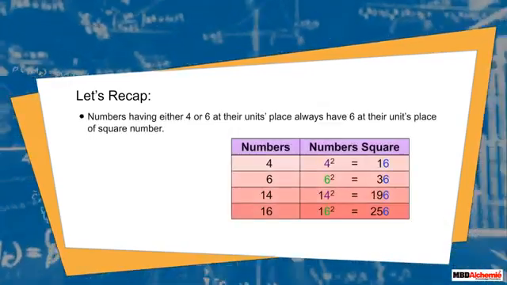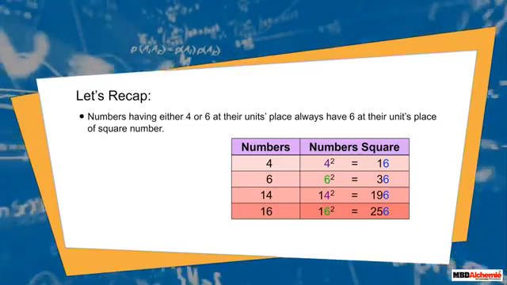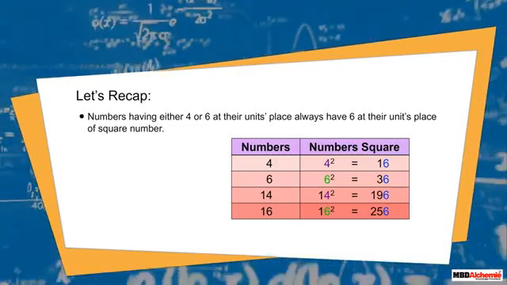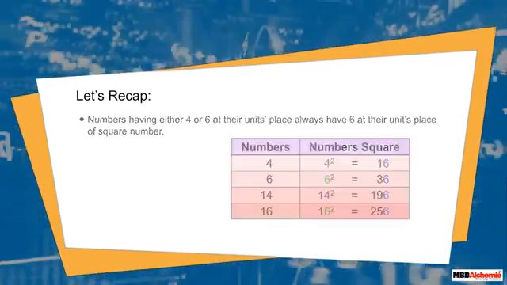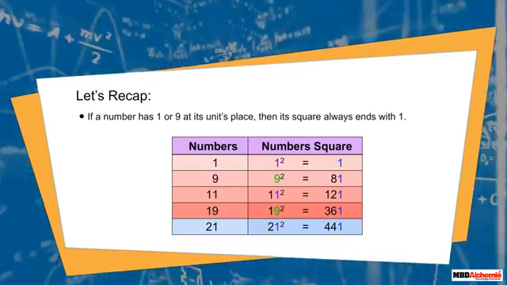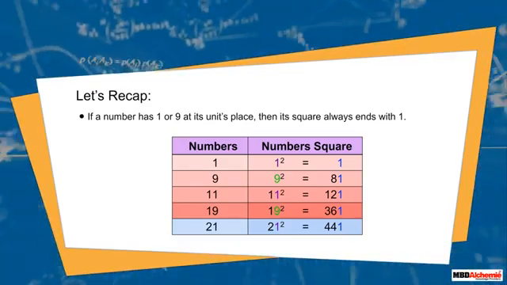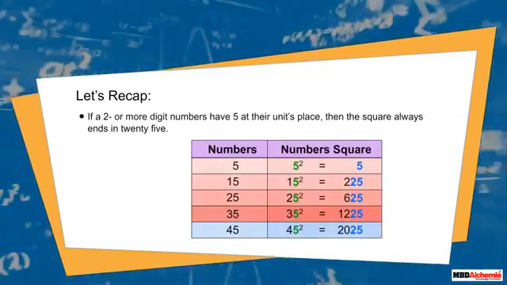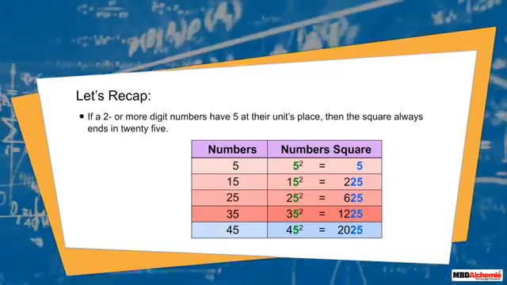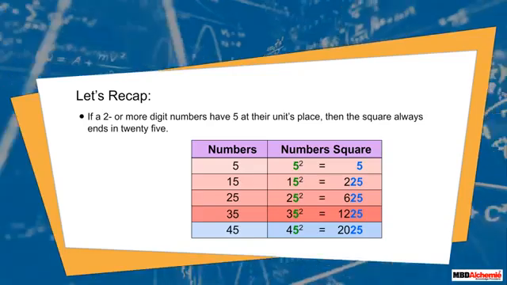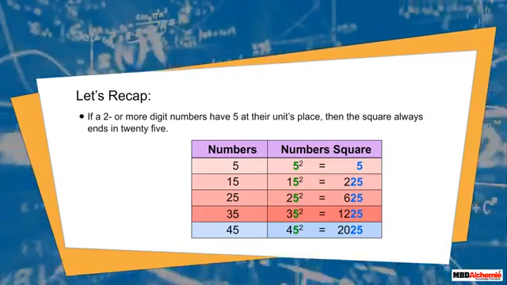Numbers having either 4 or 6 at their units place always have 6 at their units place of square number. If a number has 1 or 9 at its units place, then its square always ends with 1. If a 2 or more digit number has 5 at its units place, then the square always ends in 25.